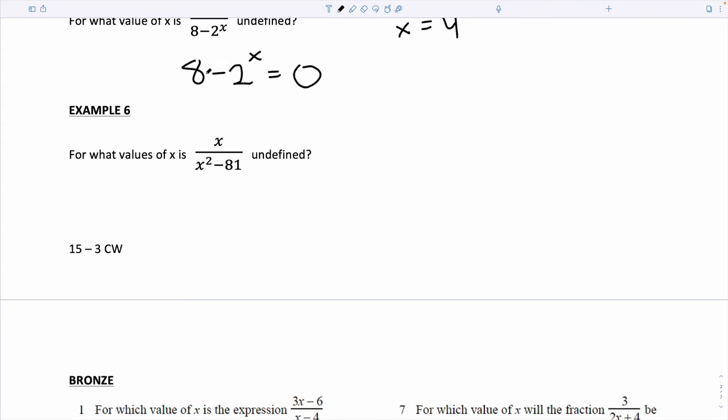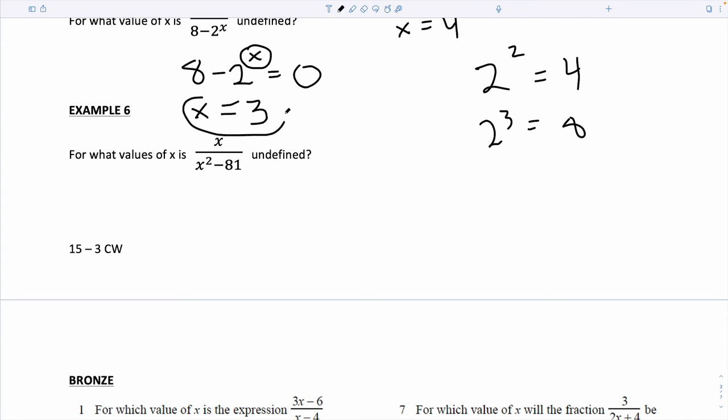If I have 8 minus 2 to something power, I want it to be 0. 2 to some power is going to be 8. 2 to the second is 4. 2 to the third is 8. So if I have 2 to the third power, this is going to be 8 minus 8. So x, the exponent I'm missing right here, would have to be 3.